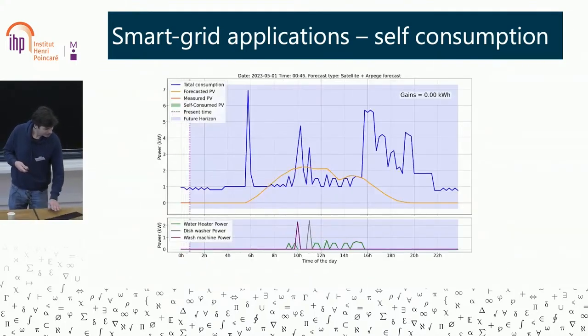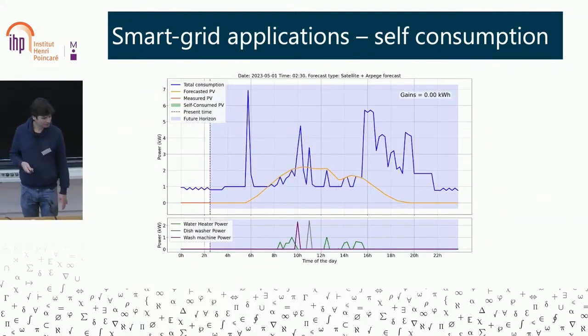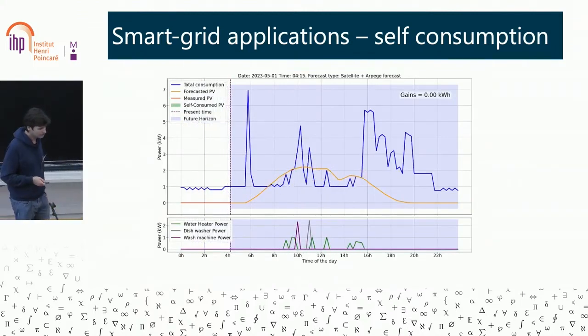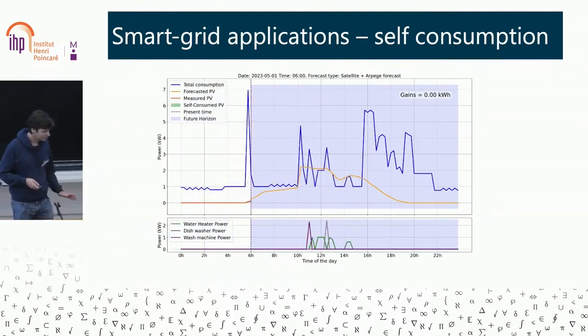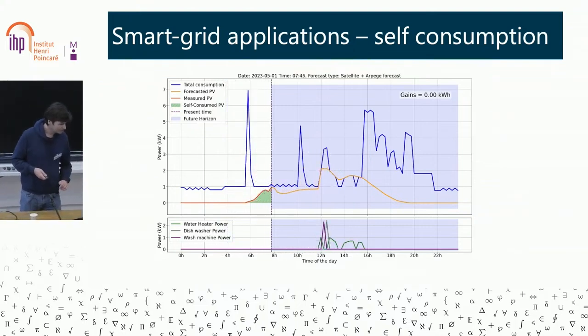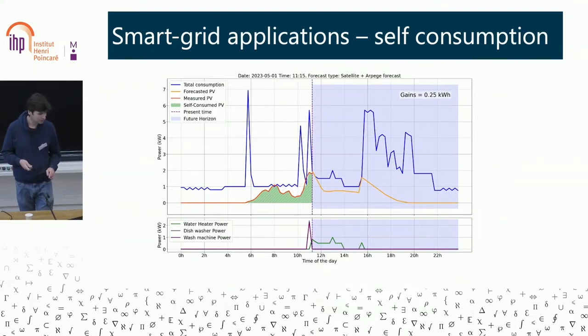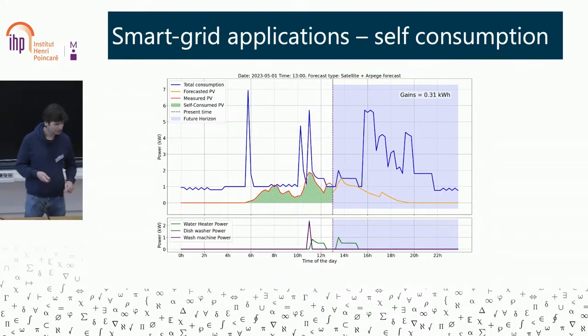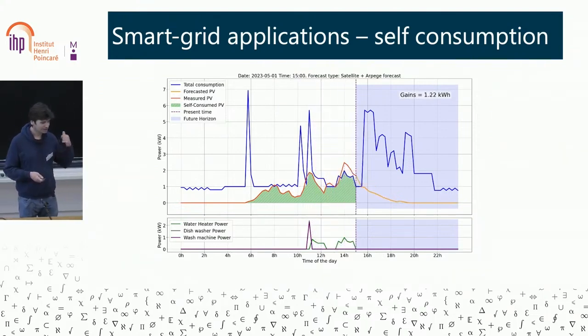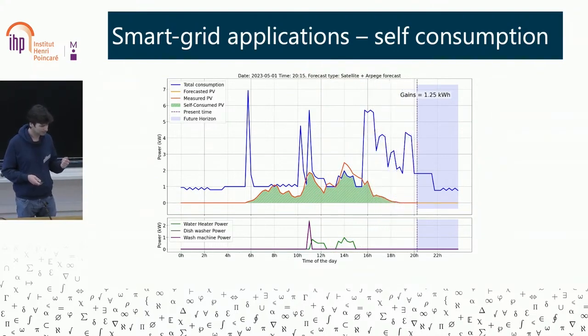So here at Polytechnique, we try to use the satellite forecast to do this. To understand, at the bottom you see we draw the load of a water heater, of a dishwasher and the washing machine, and we decide that according to the forecast we can move the load of these appliances.